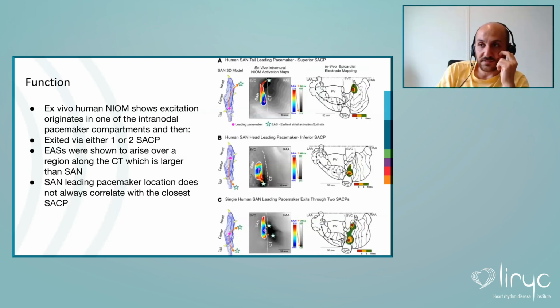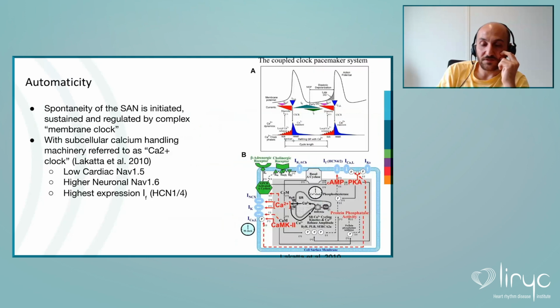And yes, now I'm going to go to the automaticity. The way automaticity works in the SA node is really interesting. There are 2 complex clocks that work for the SA node. One of them is the membrane clock, as they call it, and the other is the calcium clock.